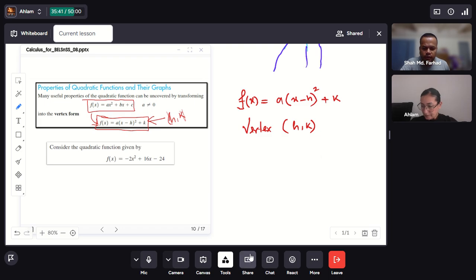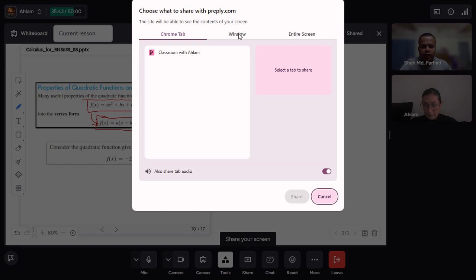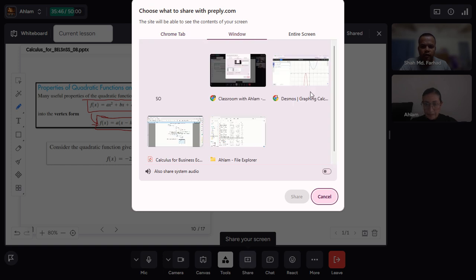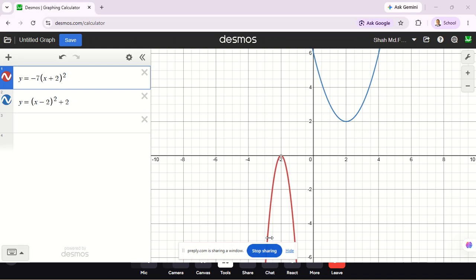If we move to the graph again, we see here.